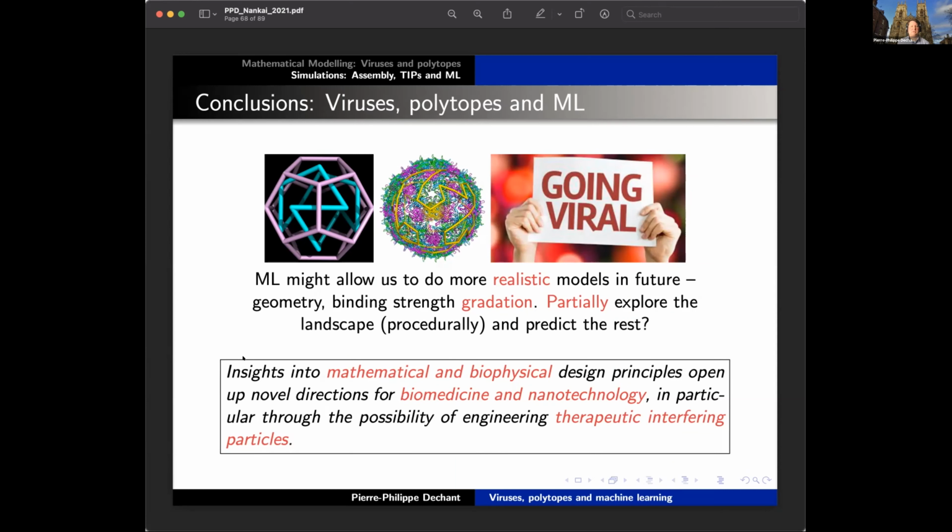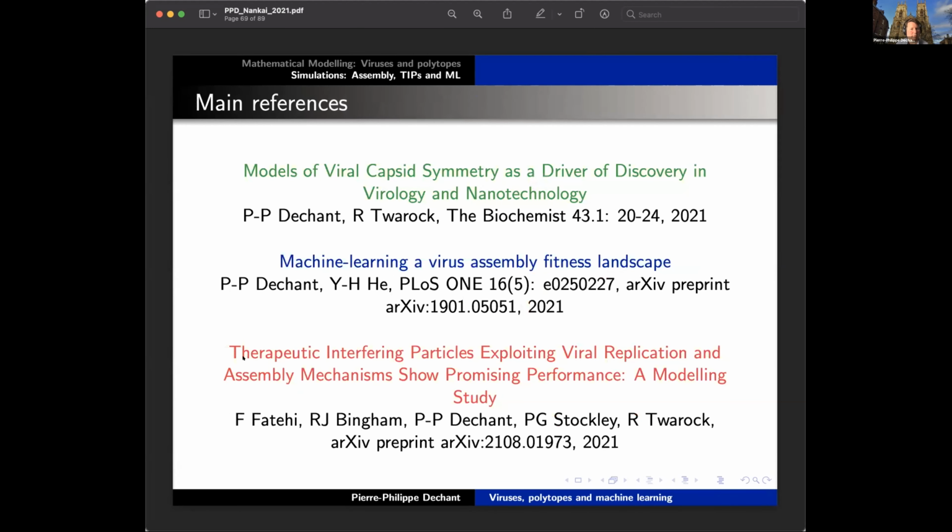And the other main point I would say is that understanding these assembly instructions completely opens up new doors for antivirus strategies via these therapeutic interfering particles, which are really exciting, as well as some other applications in biomedicine and nanotechnology. So that was a bit of a whirlwind tour through structural virology. There's more detail on viral capsids and machine learning in the papers that I showed earlier.